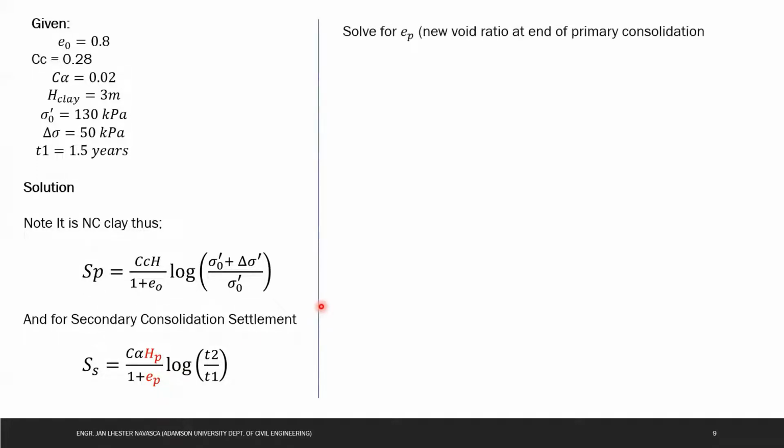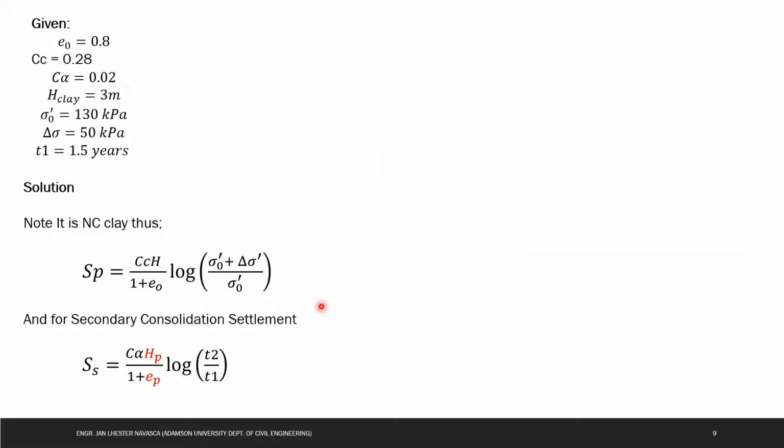Solving for e sub p, for this one we have Cc, the initial height of the clay, the in situ void ratio, the effective stress, and the induced pressure.